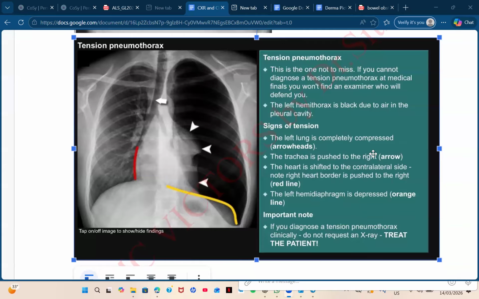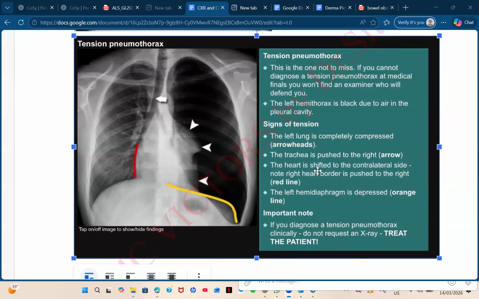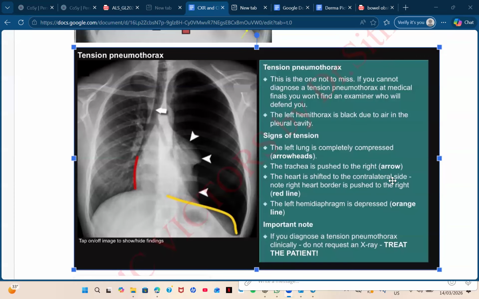The left lung is completely compressed. Arrowhead here. The lung is completely compressed. Here, can you see? The left lung is here and completely compressed. The trachea is pushed to the right, arrow here. The trachea is pushed to the right because that is the unaffected side; the affected side is the left side.